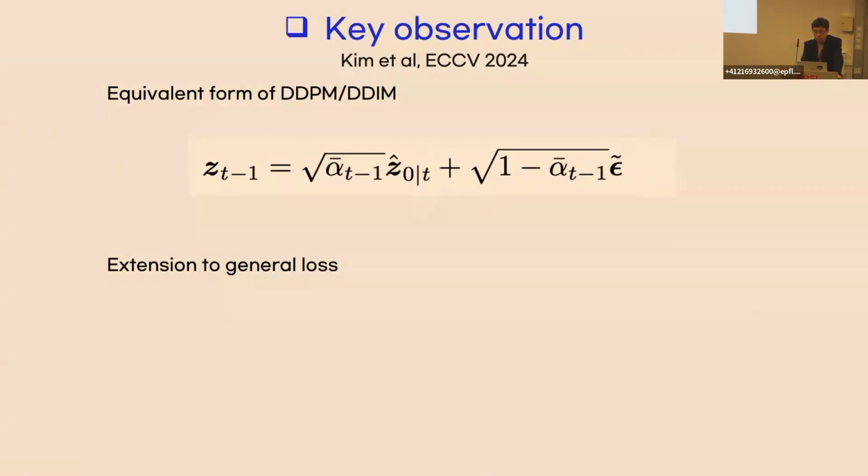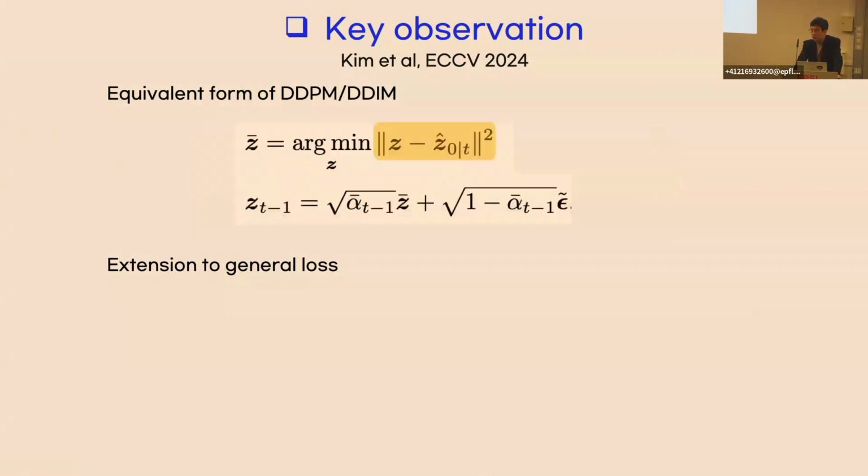Now, this can actually be represented in this way. That means you have an optimization algorithm in between, and you are minimizing this optimization loss function. Given this loss function, in this case, it is the difference between the Tweedie denoised version and the next step. Minimizing the difference, the solution is simply Tweedie, right? You can have a simple optimization algorithm like this, and this is equivalent to the DDPM, right?